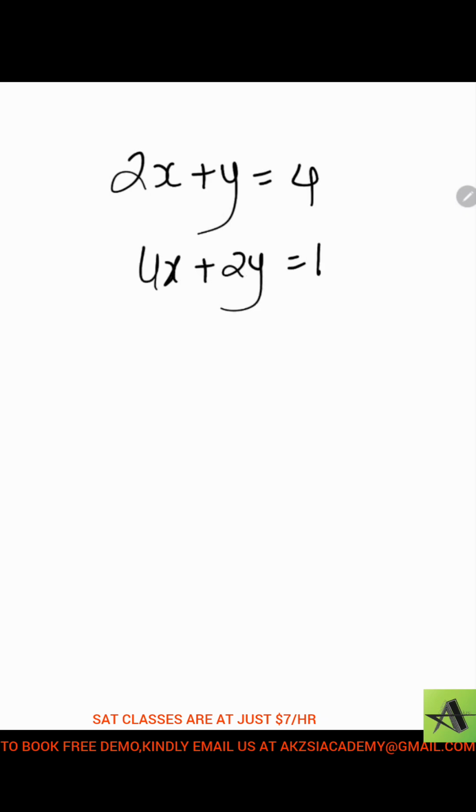Now let me find the ratio, according to the condition, a1 over a2: 2 over 4 will give you 1 over 2 on simplification. b1 over b2 is also 1 over 2, so a1 over a2 is half, b1 over b2 is half, but c1 over c2 is 4. So they both are equal, but this one is not equal.